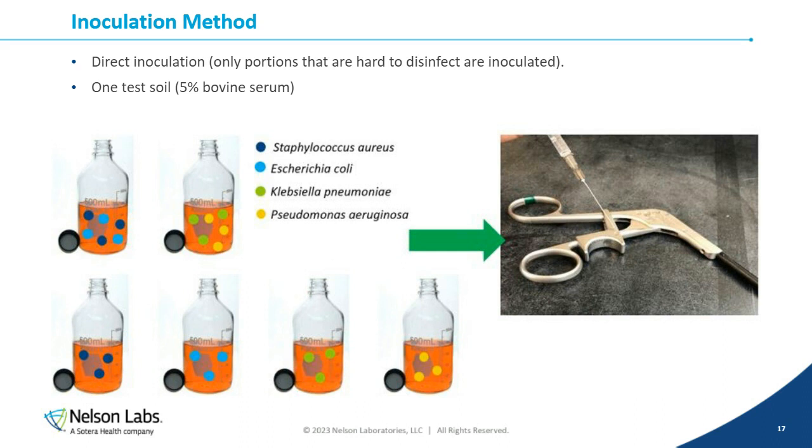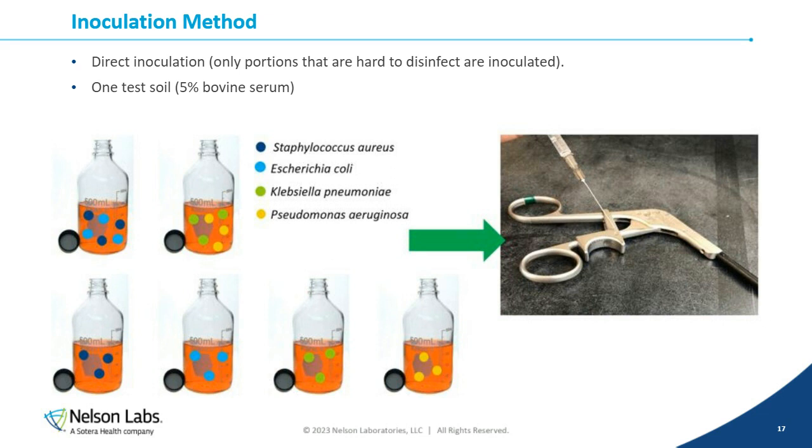If you're testing multiple microorganisms, so if you're doing a low level or intermediate level disinfection, you're going to be evaluating more than one microorganism. And you're going to want to decide if you're going to do mixed suspensions or if you're going to do individual suspensions for each organism. AAMI TIR12 does recommend doing individual suspensions just to limit the impact of competitive inhibition between the different microorganisms during a mixed suspension.